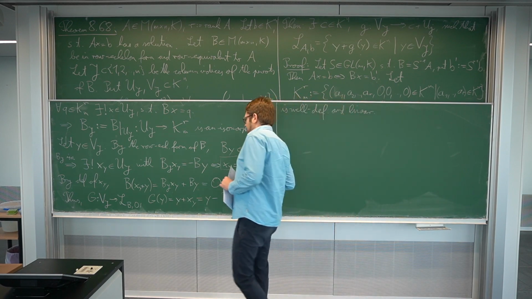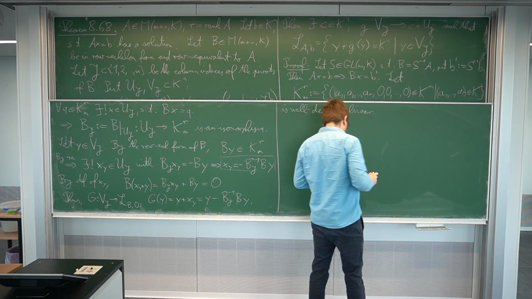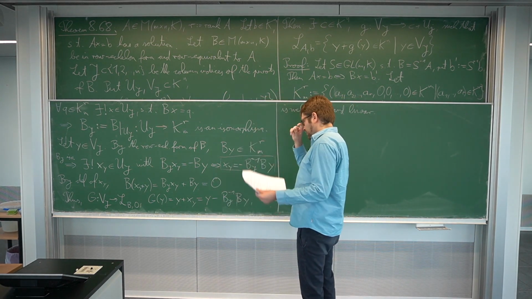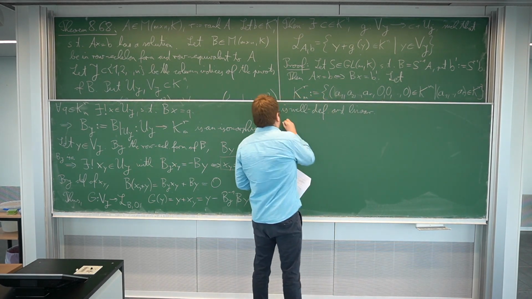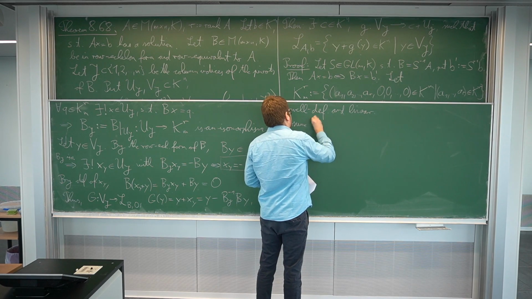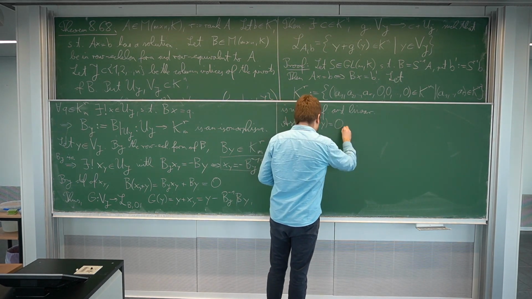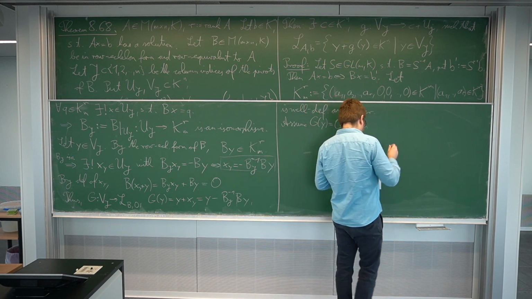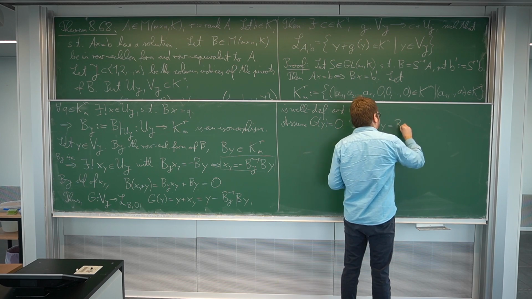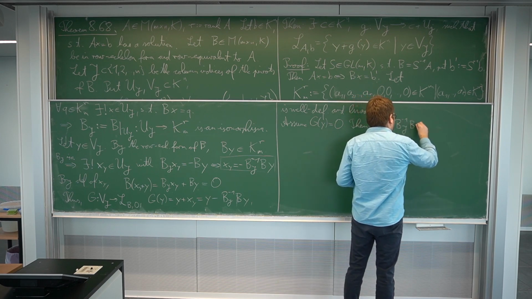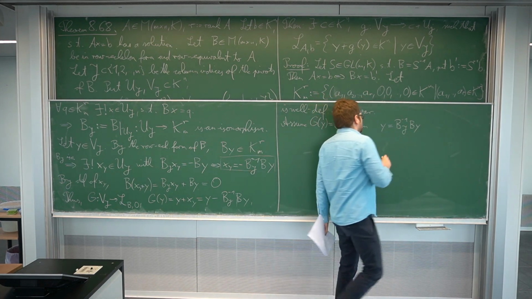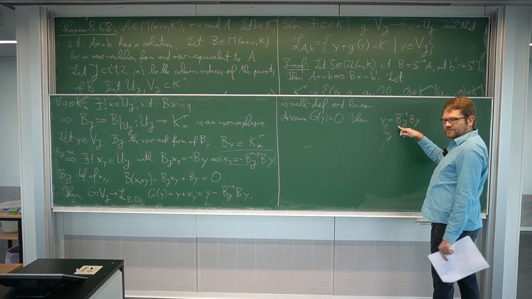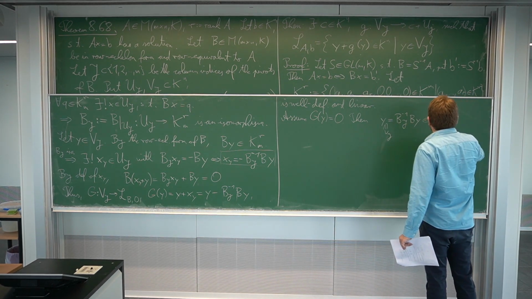Okay, we want to show more. We want to discuss injectivity and surjectivity of this map. Namely, we first tackle the injectivity, and we know it's a linear map, so it's injective if and only if the kernel contains only 0. So assume G of y is 0. Then this means that y would be the same as B_j^{-1} B y, but this here is by definition an element of V_j, and as a pre-image of the B_j map, it must be in U_j.